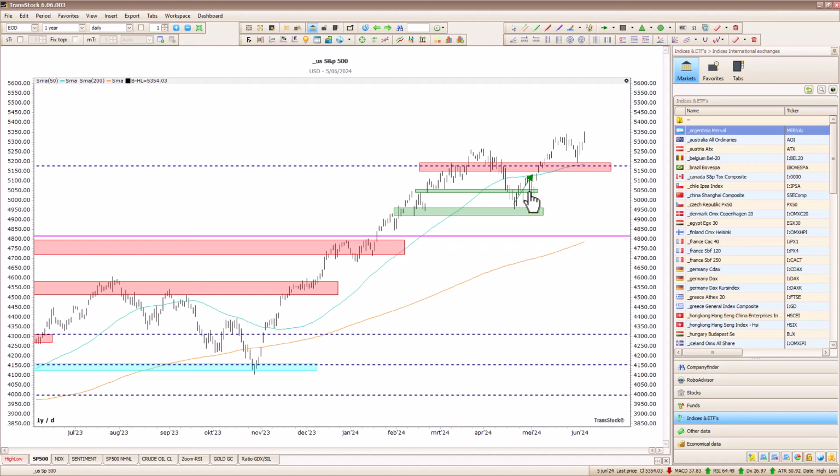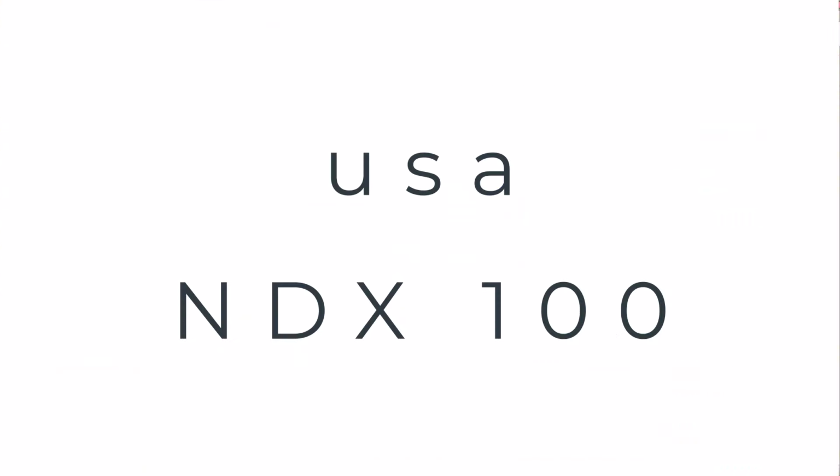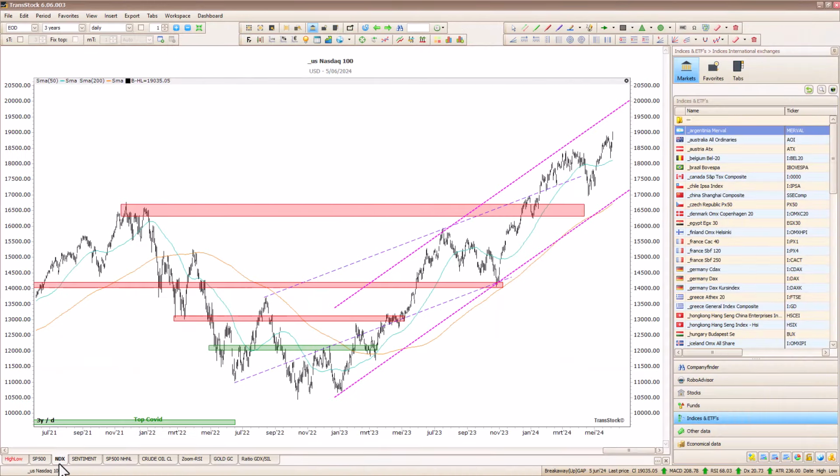Below that, we see support levels around 50.50, 49.50 and an important zone at the level of 47.50. Next, we have the pivot chart of the Nasdaq 100.